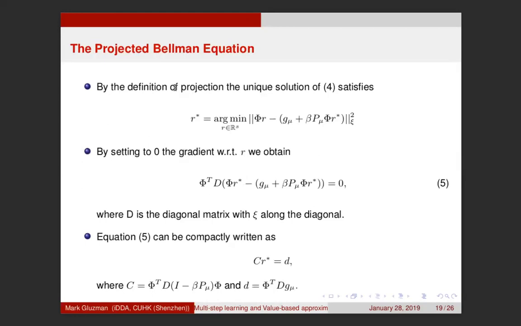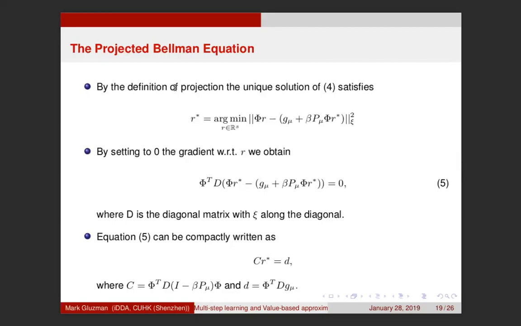However, the problem is that we don't know D, where D is a diagonal matrix with our stationary distribution on the diagonal. So we don't know this D. Also, we don't know G mu, P mu, and phi. Phi is also a high-dimensional matrix.